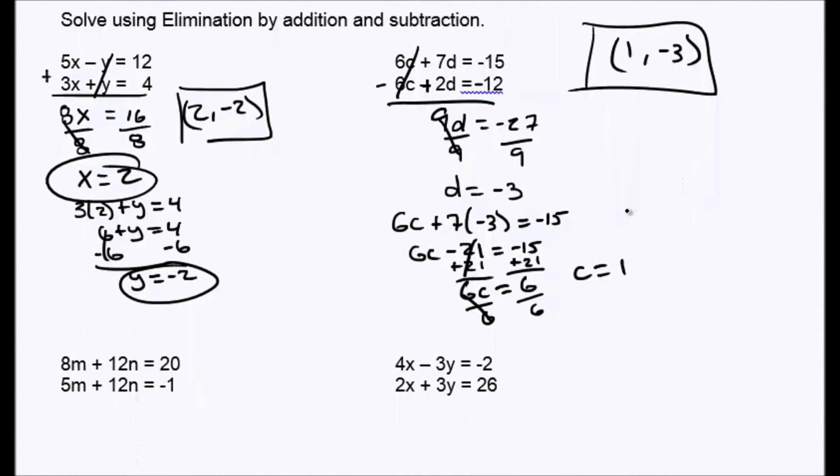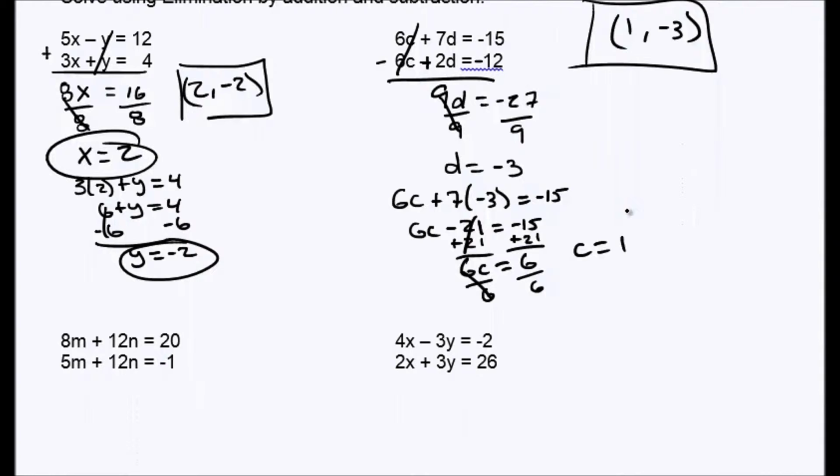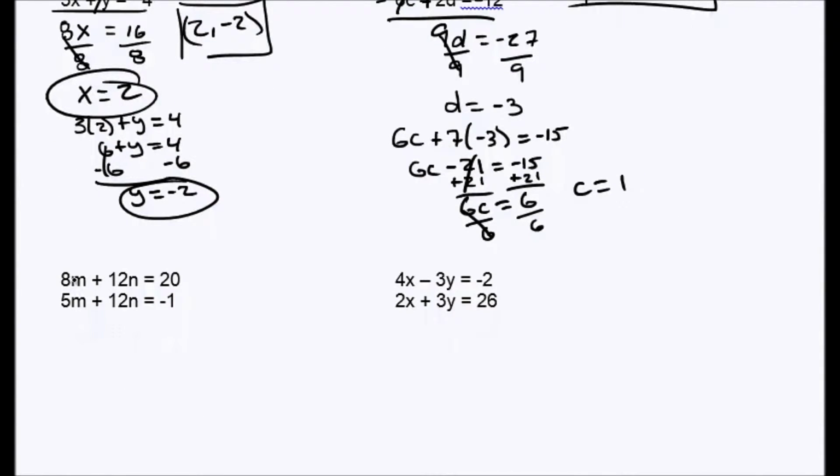In our next example, am I going to use addition or subtraction? If I use addition, I'm not eliminating anything. This becomes 13m, this becomes 24n, and this becomes 19.